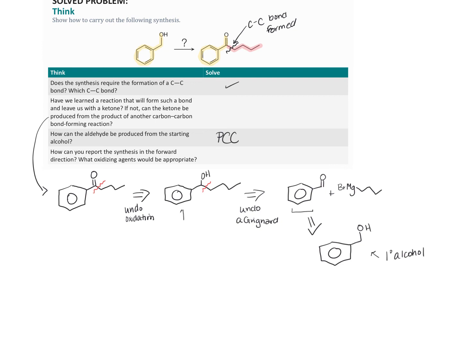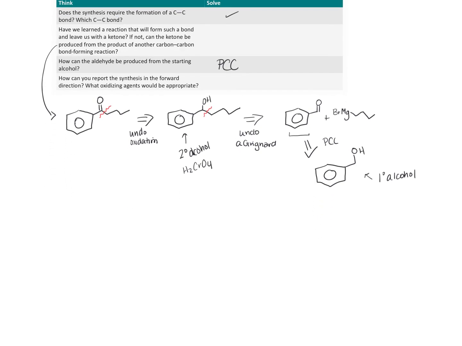Now, this guy here is a secondary alcohol. And so we can use chromic acid for that. But for primaries, if we need it to stop here at the aldehyde, we have to use PCC to do this. So let's write this in the forward direction.